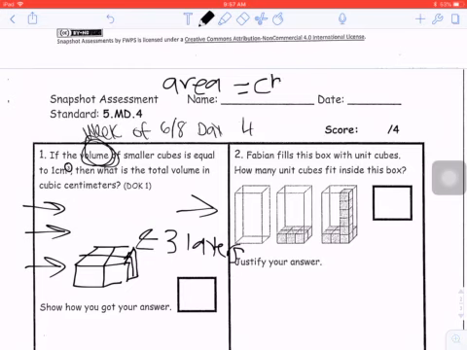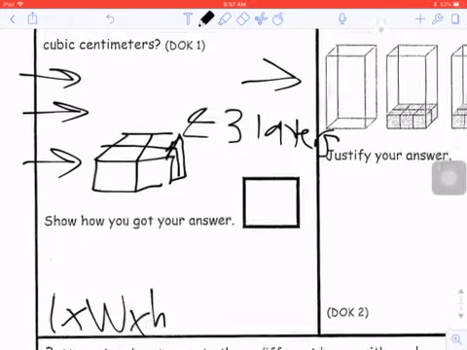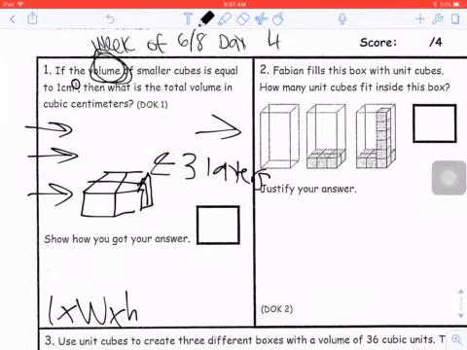So if it's centimeters, then it's centimeters squared. Volume would be, let's say it's inches this time, cubed, okay? But that could be centimeters. It's whatever it tells you. Here, we're working on centimeters. Mostly in 5th grade, we've worked on centimeters, all right? But it would be cubed.